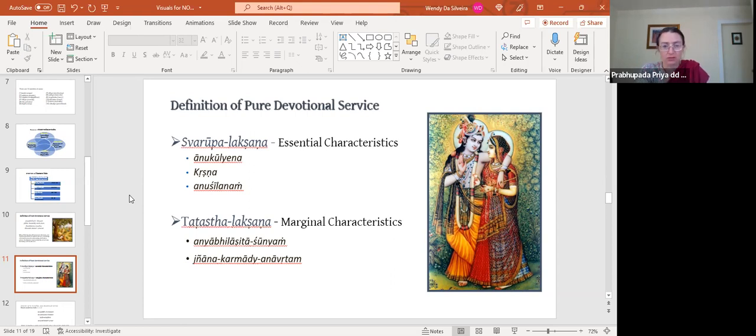So when we talk about Uttama Bhakti as distinct from basic, beginner level bhakti, then the Uttama Bhakti has these characteristics: that there's no other desire than to please Krishna, and that it's not covered by jnana, karma, or those other things, or anything else.